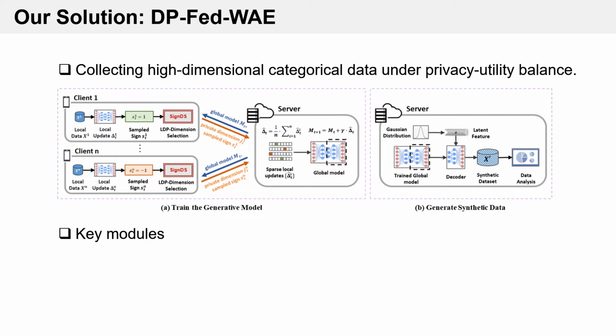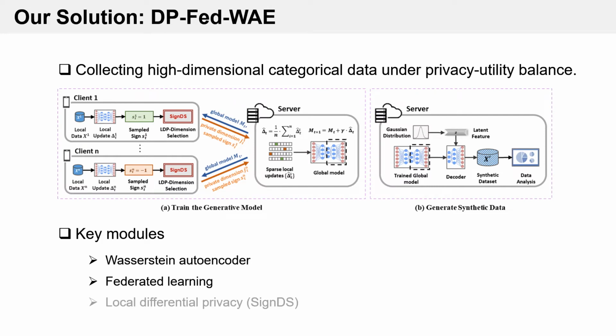First, we use the generative Wasserstein autoencoder for data synthesis. Moreover, we train the model using the federated learning mechanism, which only exchanges model parameters and always keeps the real data on the local side. Finally, we propose a novel randomization algorithm, SignDS, which provides strict LDP guarantees to the framework. Next, we will introduce each module in detail.